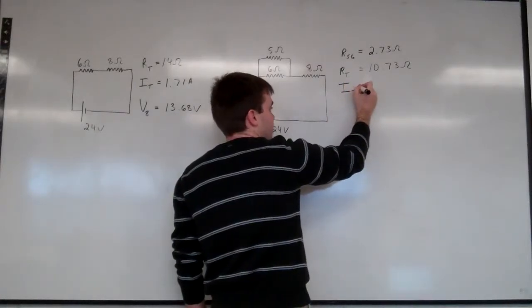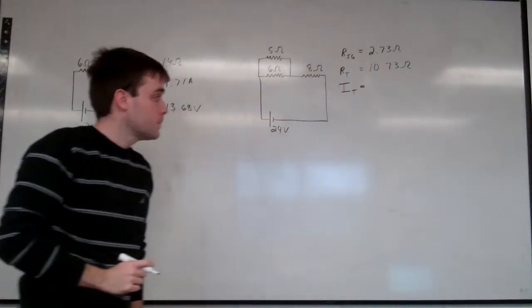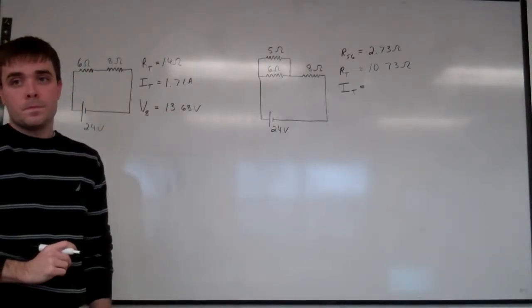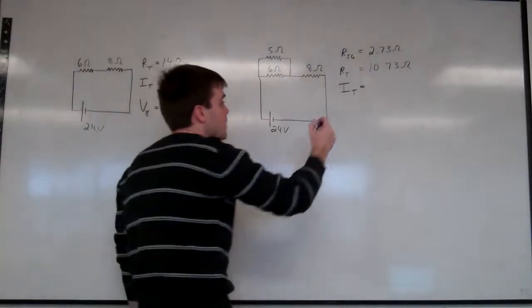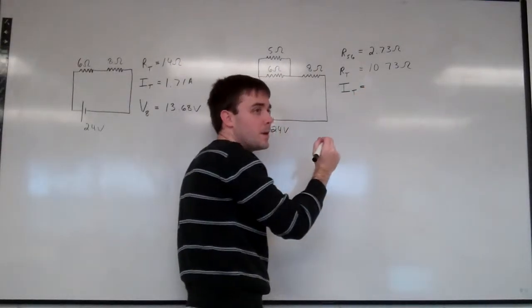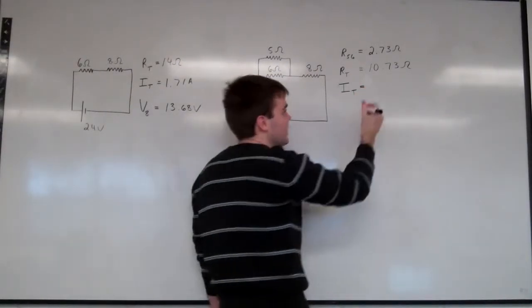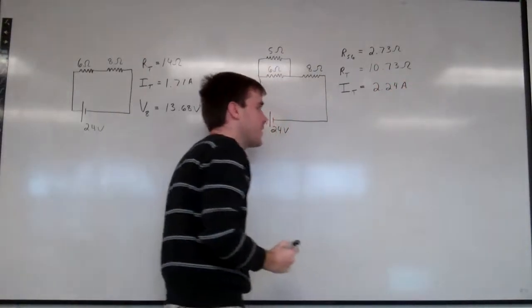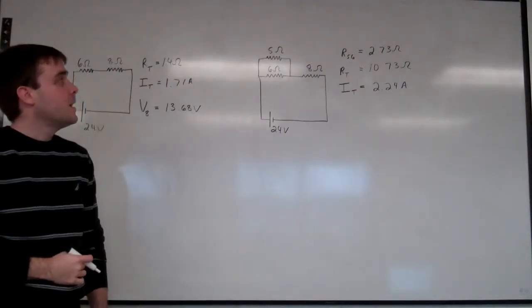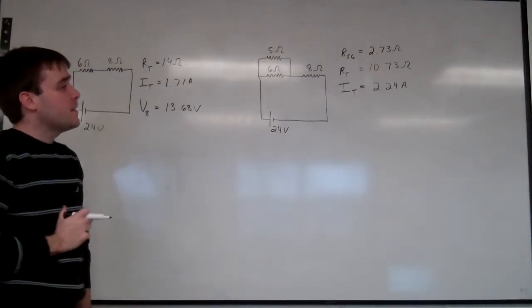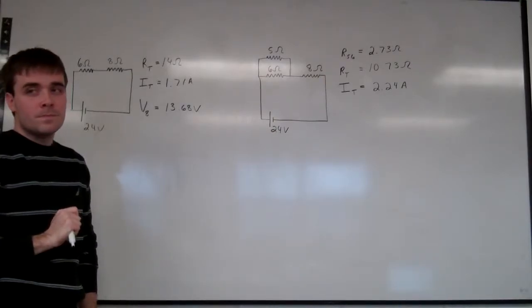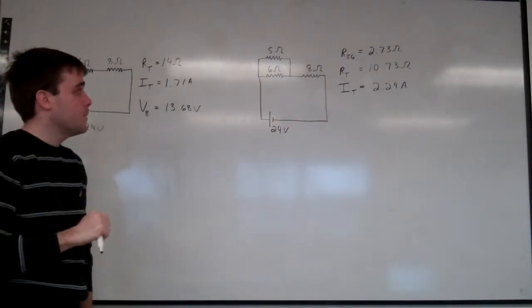What's the total current in that circuit? 2.24 amps. Now, how are we going to find the voltage across the 8 ohm one in this one? Exact same way.